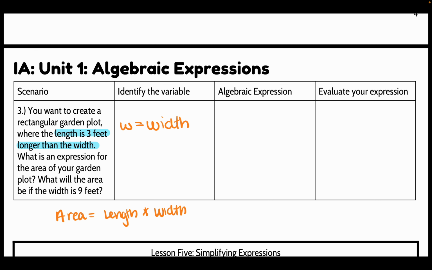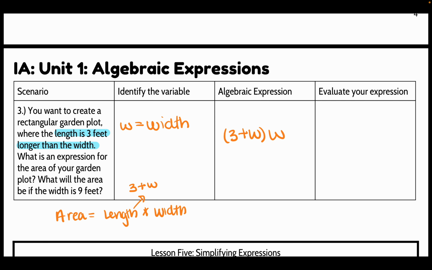We know that's length times width. Well, what's length? Length is 3 feet longer than the width. So we know that the length is actually 3 plus w. So in our expression, we have 3 plus w times our width, which is just w. That's our expression.